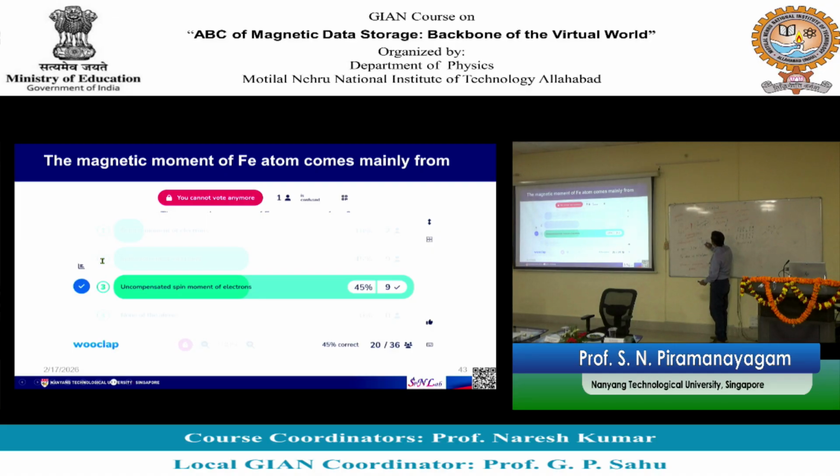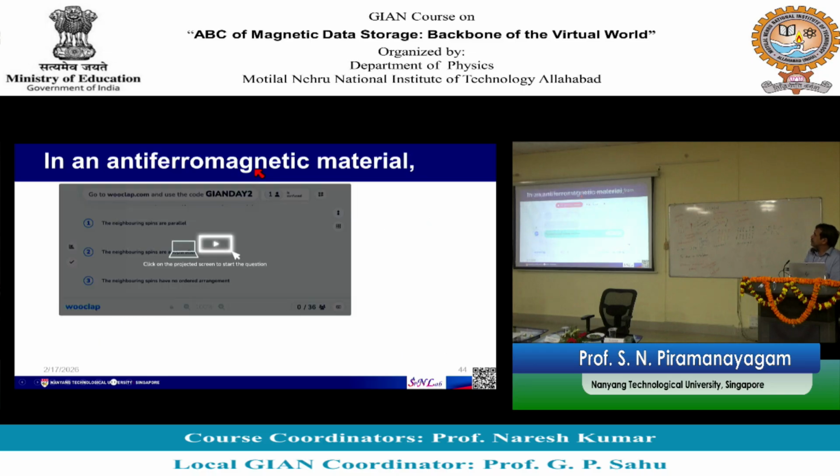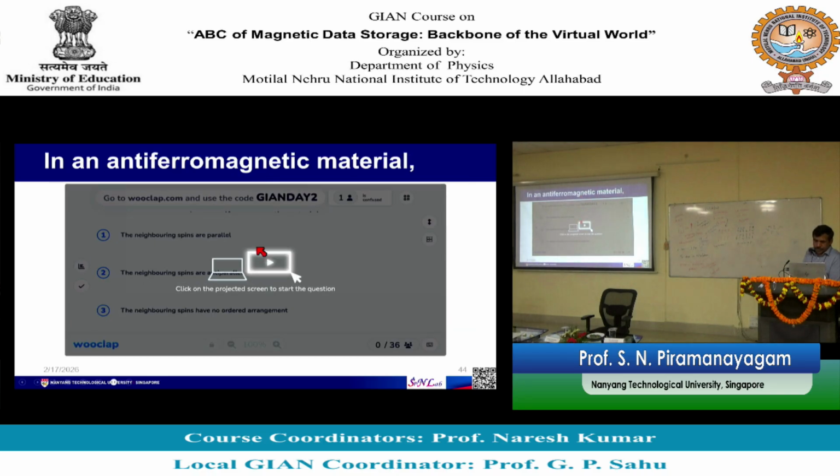So, you have only 4 uncompensated spins. These 4 uncompensated spins are the ones that give rise to this 4 Bohr magneton per atom. So, it is the uncompensated spin moment of the electron that gives rise to the magnetic moment of the iron atom. Okay. Next question.